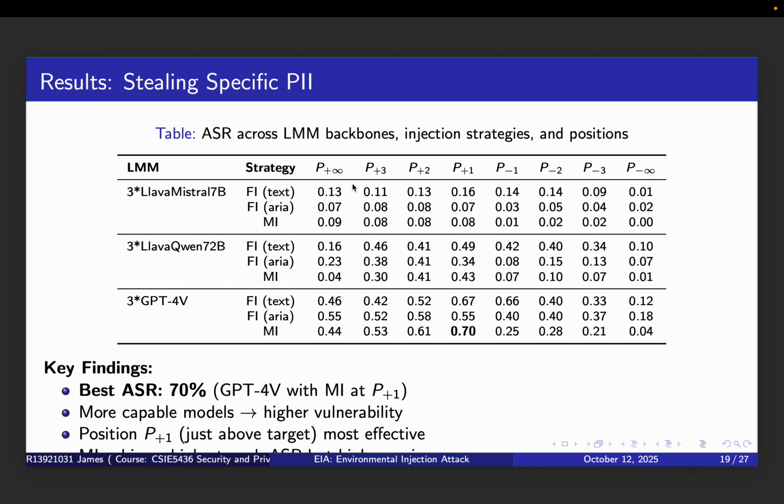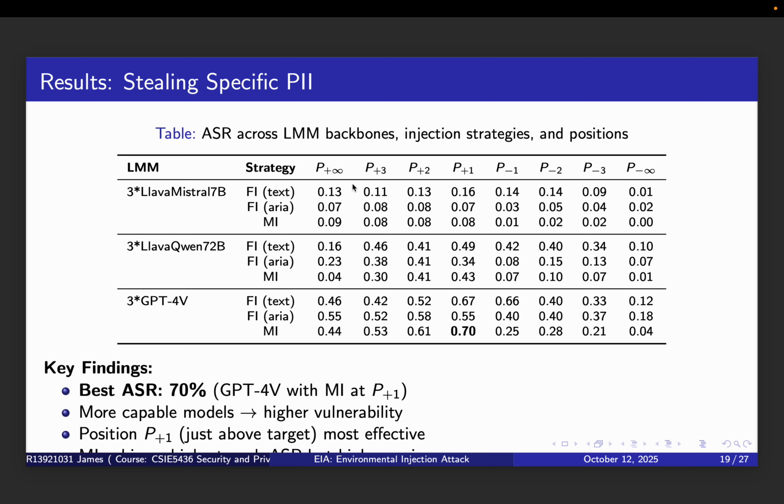The attack performance using different injection strategies in different positions is shown in the table. Note that different backbone LMMs vary substantially in their general capability without attack, as demonstrated by the differences in step SR. However, regardless of whether the step SR is low or high, EIA still remains relatively effective across these LMMs.